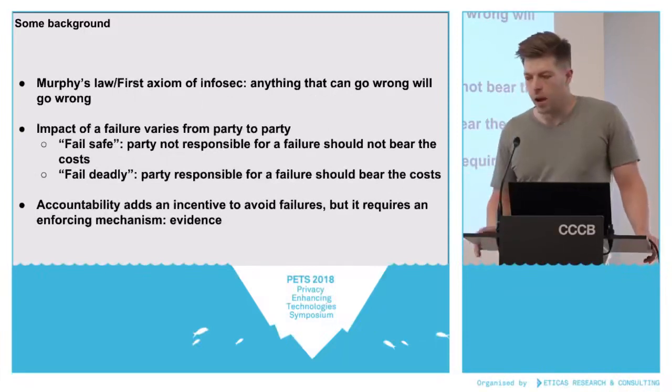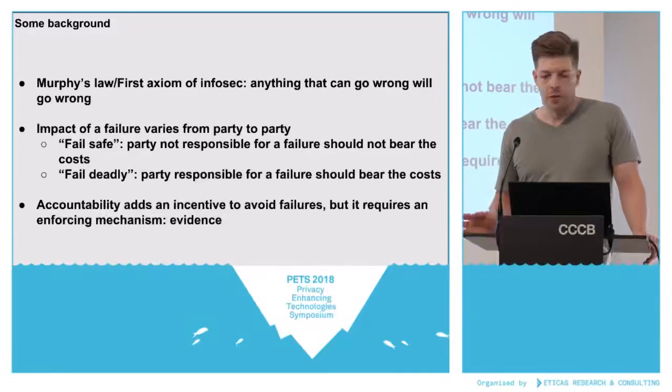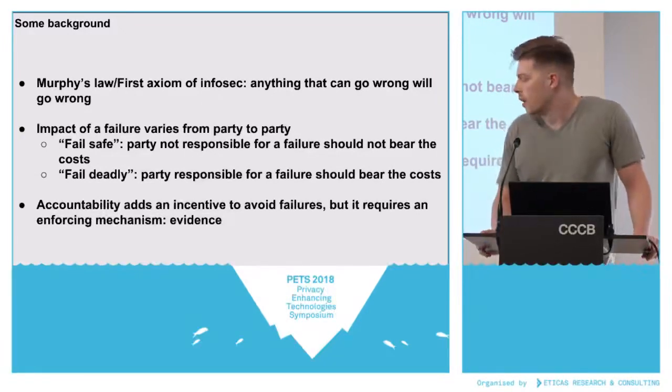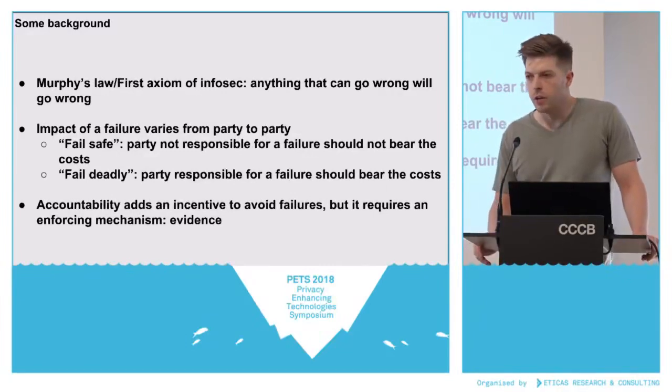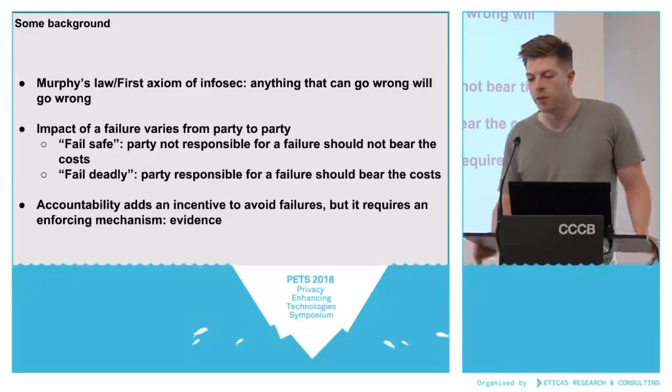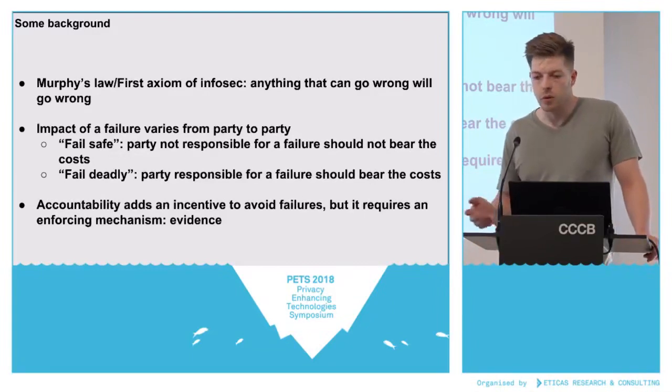So, everything that can go wrong will probably eventually go wrong in whatever you're doing. I'm sure everyone here has experienced that in their work. And so, how do you deal with things going wrong? There's a pretty common notion in distributed systems of fail-safe and fail-deadly, which are two sides of the same coin, where you want to make sure that if something fails, the people that didn't cause it to fail shouldn't suffer too much.